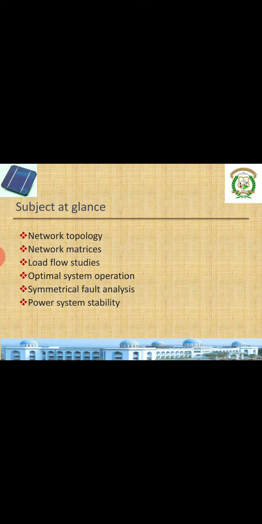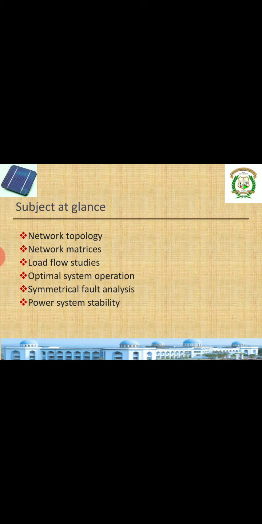And the next one is the optimal system operation. Optimal system operation mainly deals with the sharing of the loads, where a system is connected with more than one generator, and how these generators are to be loaded, equally loading as well as economically loading. These are two different things.